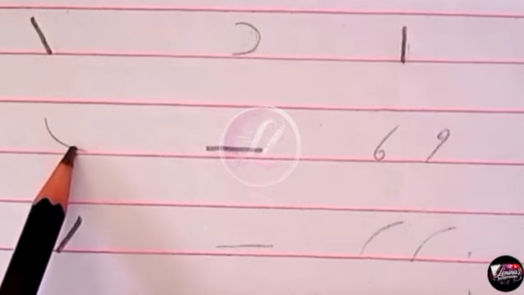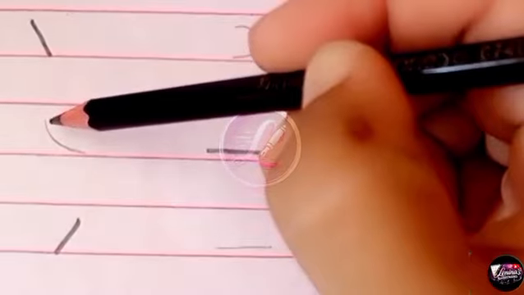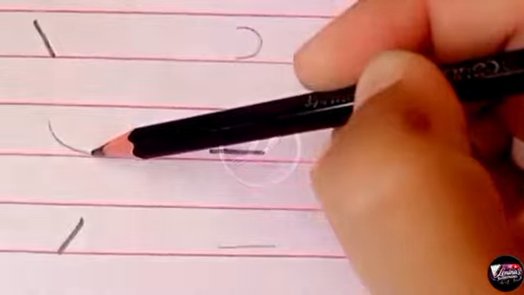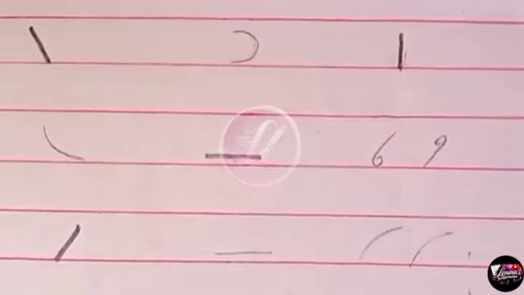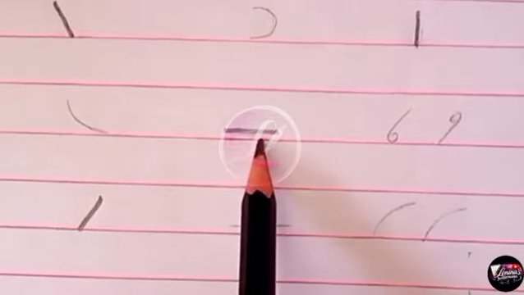The consonant F, the front of the stroke, the back of the stroke. The consonant G, the front of the stroke, the back of the stroke.